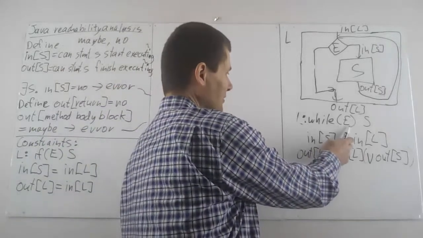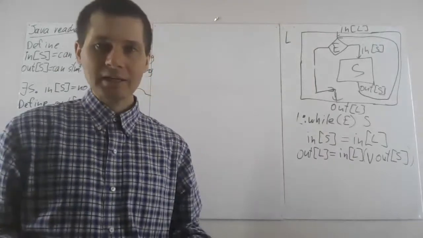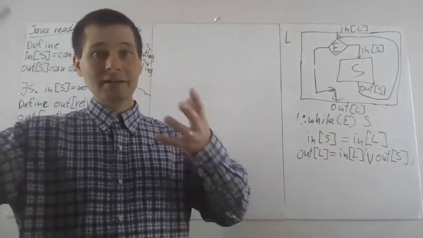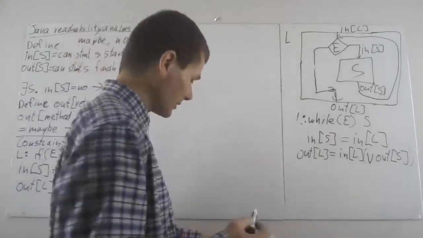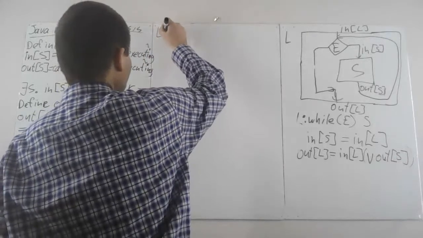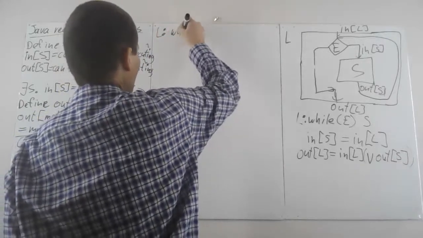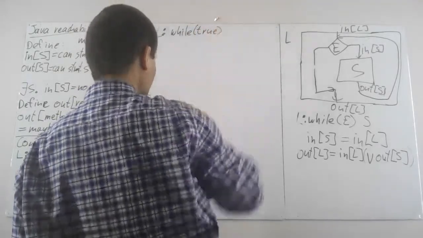So far we've been assuming that this condition E, we don't know what it evaluates to, right? That it could be true or false, and we're going to consider both possibilities. But the spec makes a special case for a loop where the condition is true.